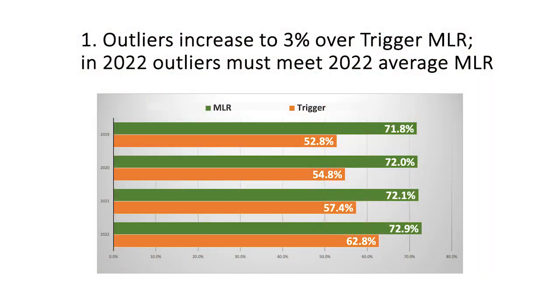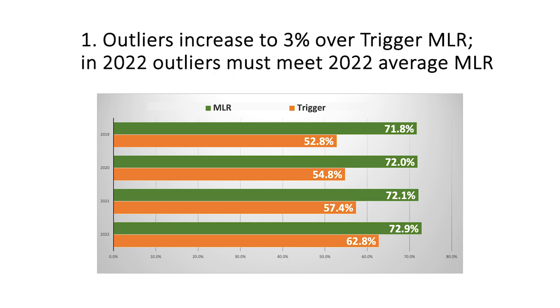And as we ran through the simulations, we came up with some interesting results. In the first set of numbers, we're looking at the first scenario. We have the MLR average starting in 2019 at 71.8%, and by 2022 increasing to 72.9%, with the trigger MLR starting at 52.8% and increasing 10% to 62.8%.